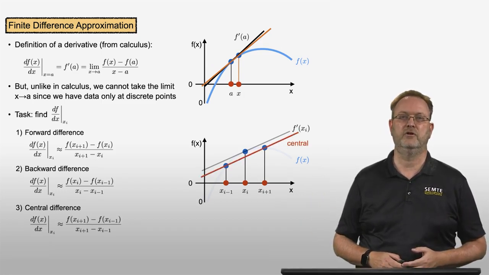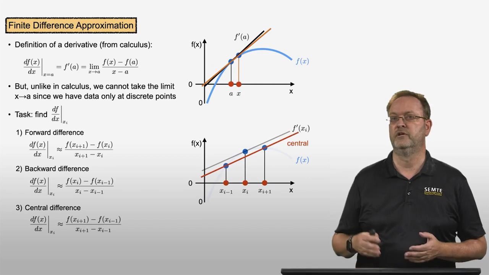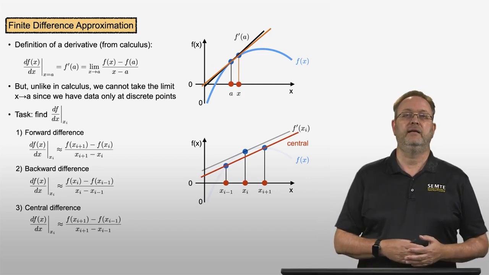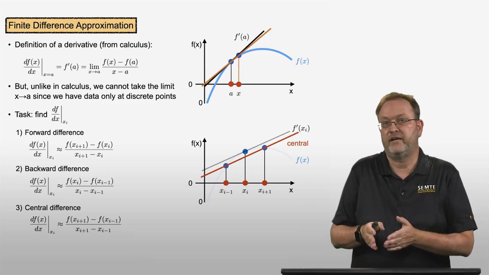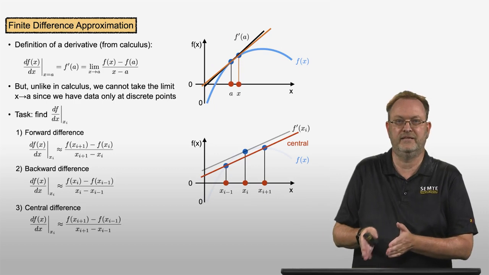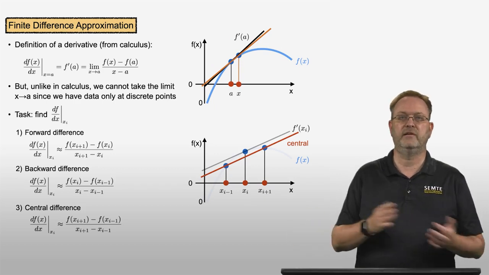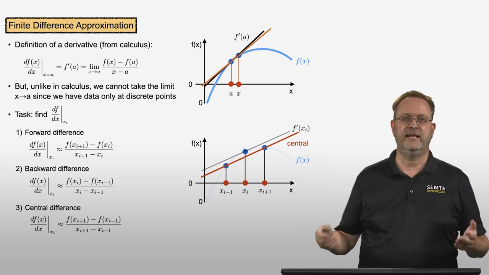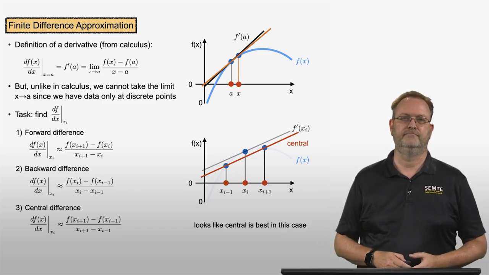So that would be the slope of the line that goes through f of xi plus 1 and f of xi minus 1. And because the point where we actually want to evaluate the slope, xi, sits in the middle at the center between xi plus 1 and xi minus 1, this approximation is called the central difference approximation.